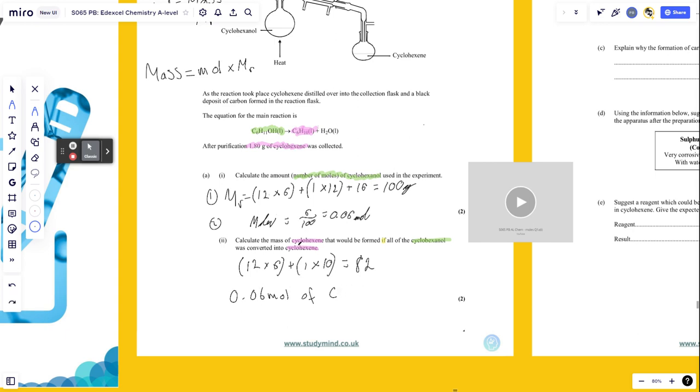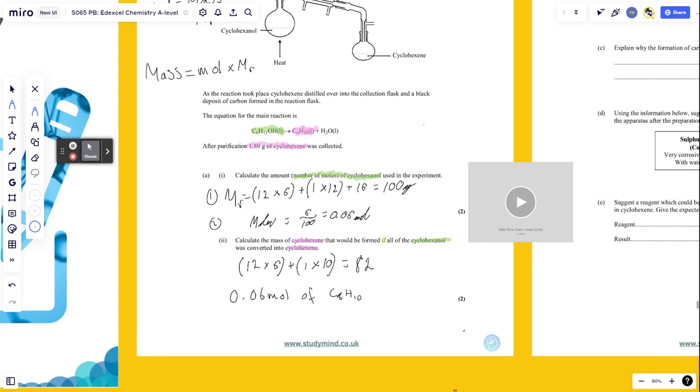Tell you what, I'll write the formula out. C6H10. We know we're going to get that many moles because it's a 1-to-1 ratio, and if we have 0.06 moles of this one, then we're going to have 0.06 moles of this one.